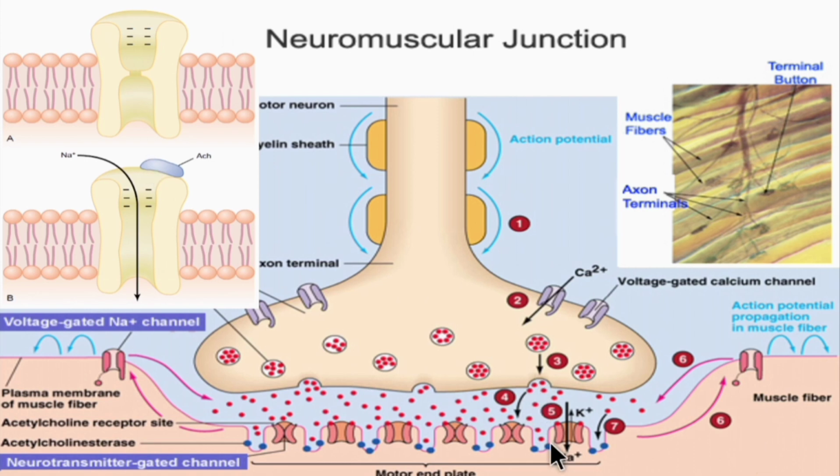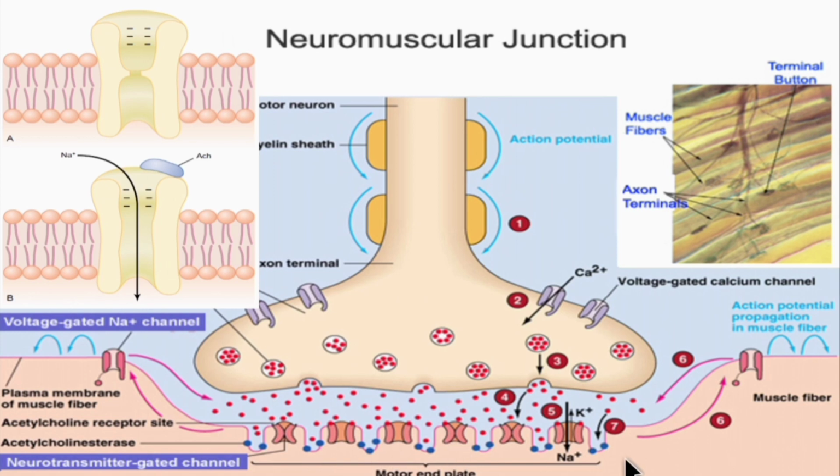As you can see here, the sodium ions move inside the muscle fiber, and once inside they establish a local potential called the motor end plate potential, because this region of the sarcolemma at the neuromuscular junction is called the motor end plate.